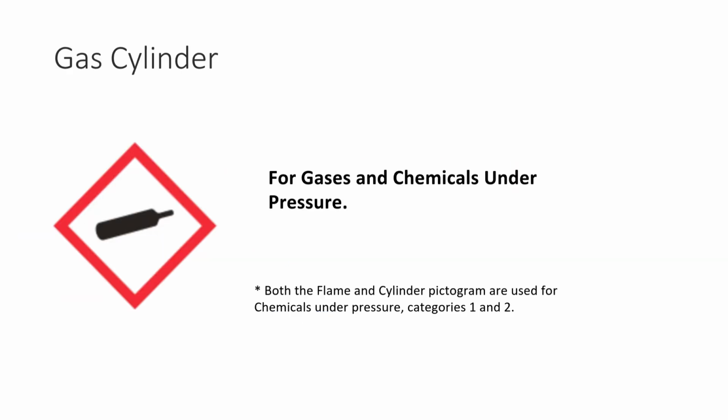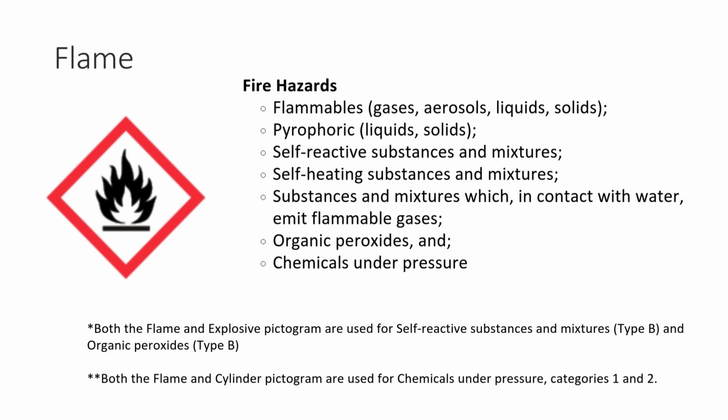The gas cylinder pictogram is used to identify gases and chemicals under pressure. The flame is used to identify fire hazards such as flammable gases, aerosols, liquids, solids, self-reactive and self-heating substances and mixtures, organic peroxides, and more.